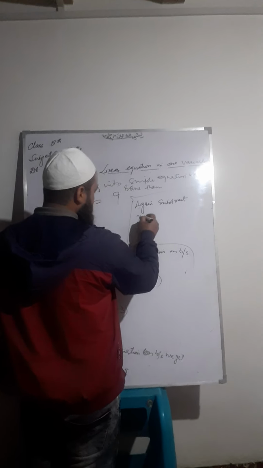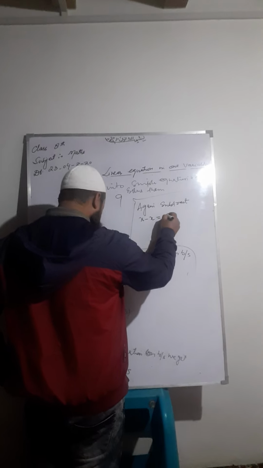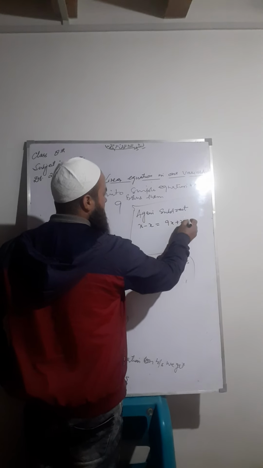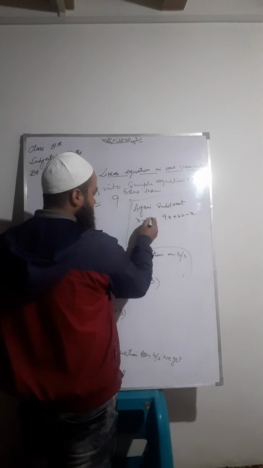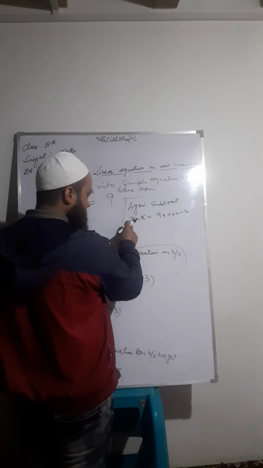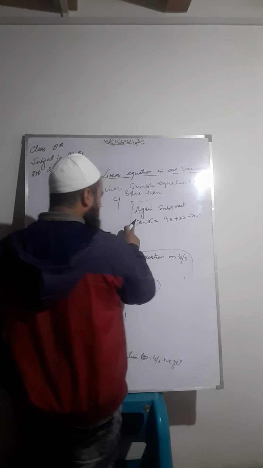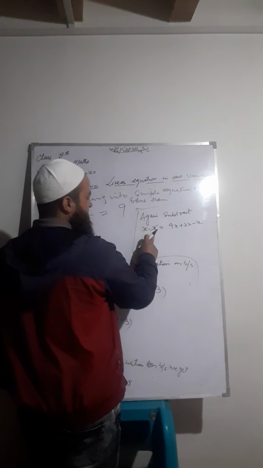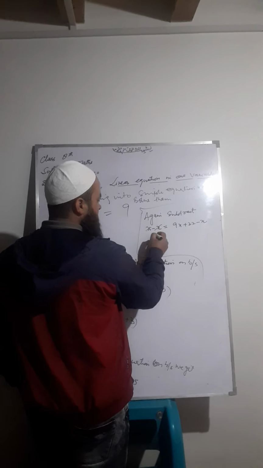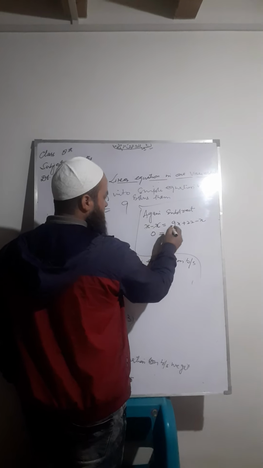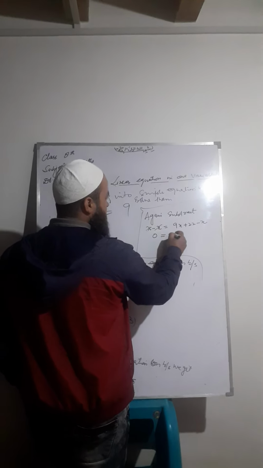That is x minus x is equal to 9x plus 22 minus x. The x minus x will be cancelled because they have opposite signs. This one is plus, this one is minus. Here remains 0. 0 is equal to 9x minus x, that is 8x plus 22.